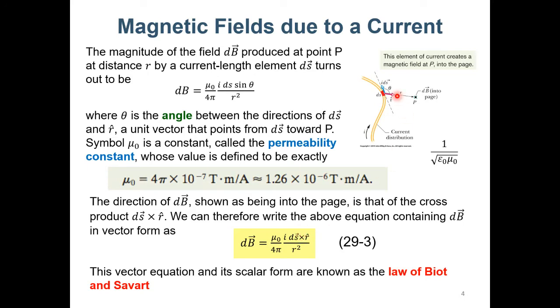Suppose ds is here, then r would be like this. If I consider ds here, then r will look like this.